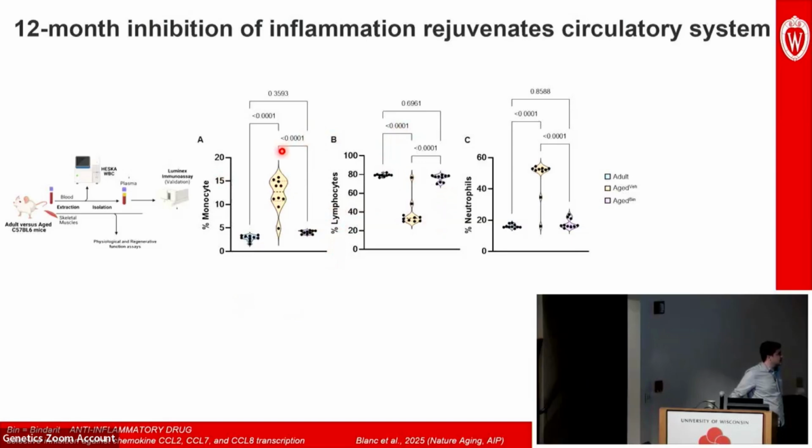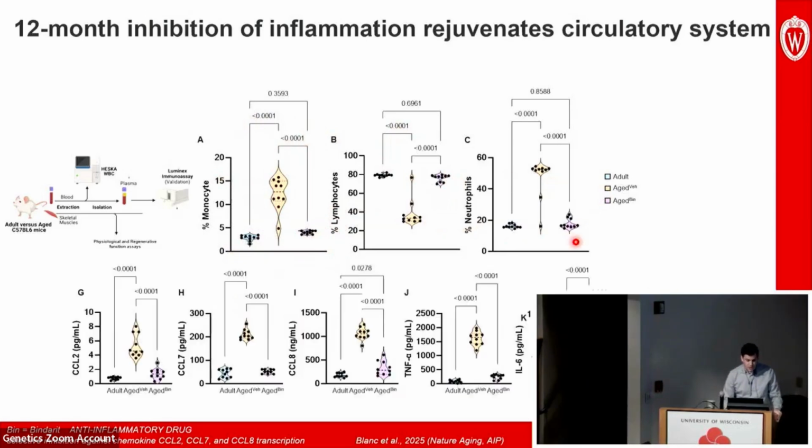Like you have less monocytes when you compare it to, I don't know why the legend is missing on this over there. So that's just adult age treated with vehicle, so nothing. And the aged mice that were treated for 12 months with the inhibitor, they have less monocytes, more lymphocytes, less neutrophils, so less pro-inflammatory phenotype.